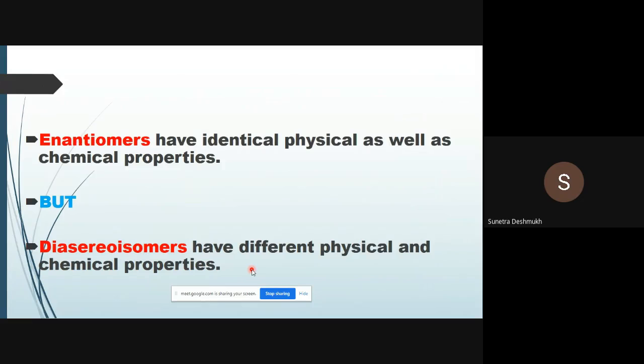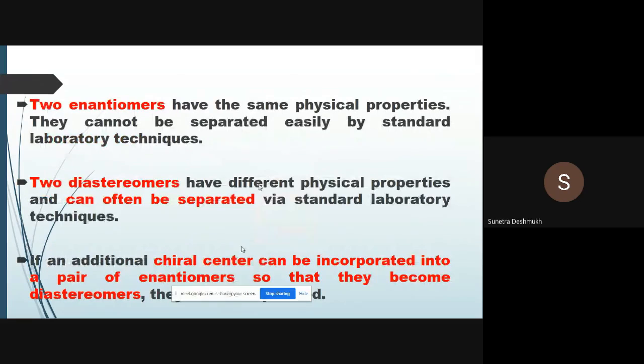Scientists use this advantage of diastereomers for resolution. Two enantiomers have the same physical properties, which is why they cannot be separated easily by standard laboratory techniques.